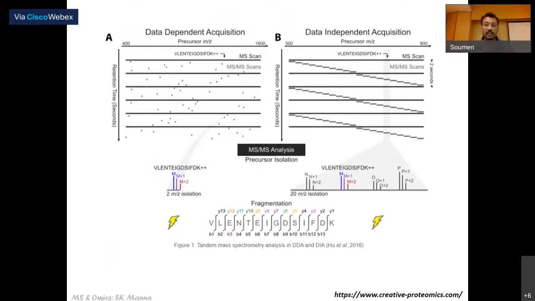You keep fragmenting every mass that is present there, and you keep reiterating again and again. So irrespective of whether it is a very intense peptide or a low-intensity one, it will fragment anything and everything present in that chromatogram. Of course you will get a very complex data set.